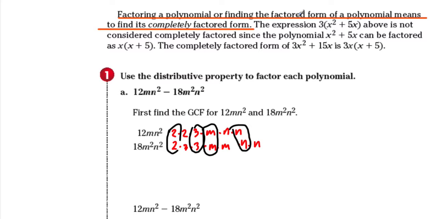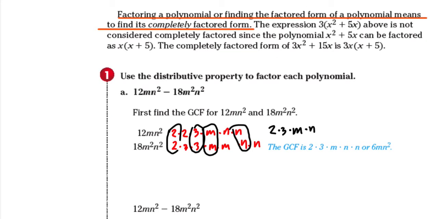So bringing them down once, this is basically 2 times 3 times m times n, or the GCF is 6mn squared. Oops, I forgot one n.